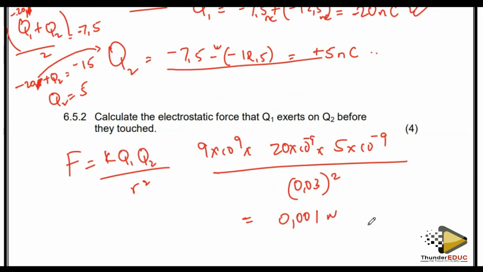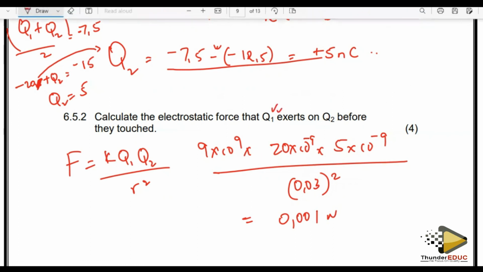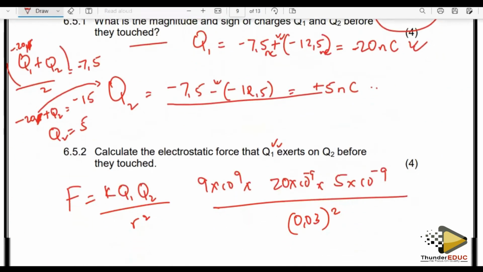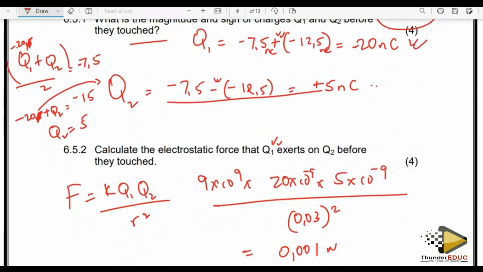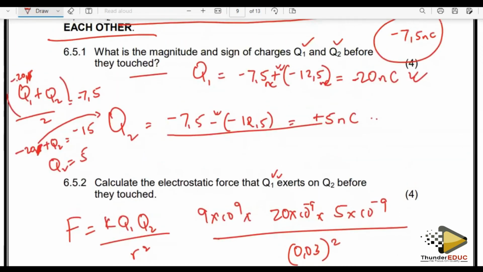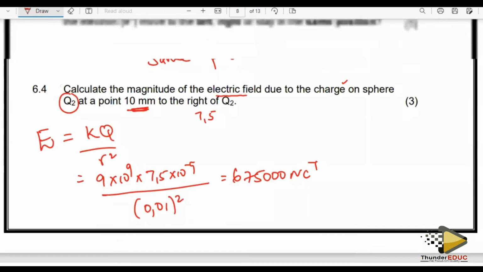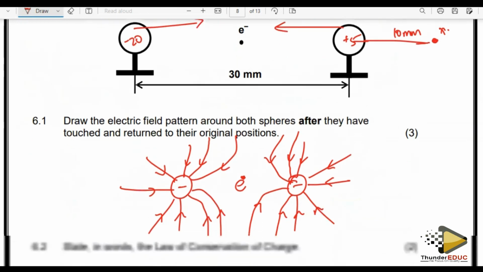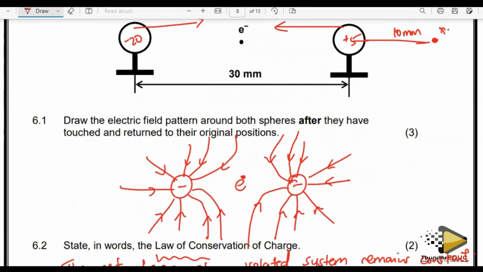So that is the force that I'm having, the force that Q1 exerts. Since the charges are opposite, it is attractive. So Q2 equals 5. We are looking at this one, the first one.